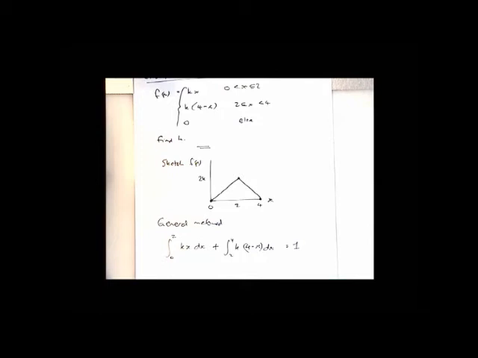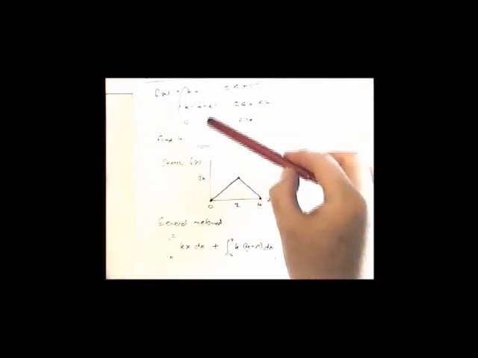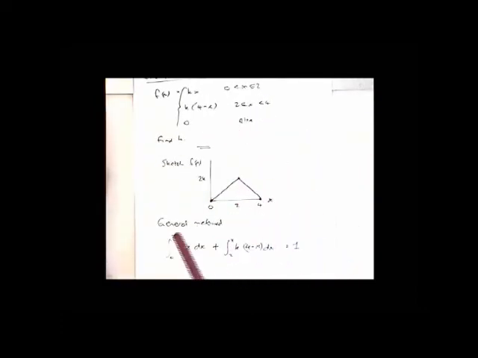So if you get them split over different bits, you can just do each bit separately. Although in this one here you could just have used half base times height for the area of the triangle, set it equal to 1. I'm not going to finish it. The whole point of that one was you can get them in 3 bits, you can get them with different things. If you want to do it this way, that way still works. Okay.